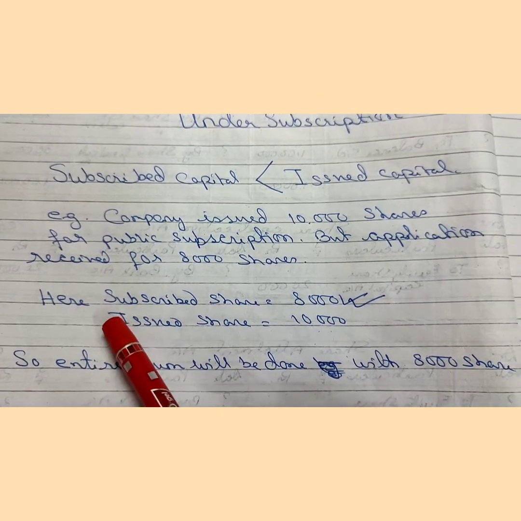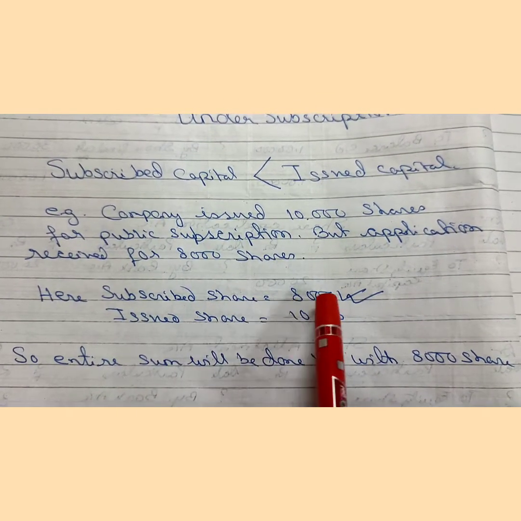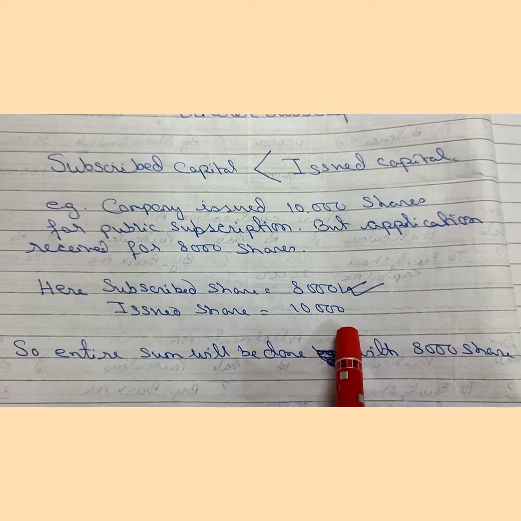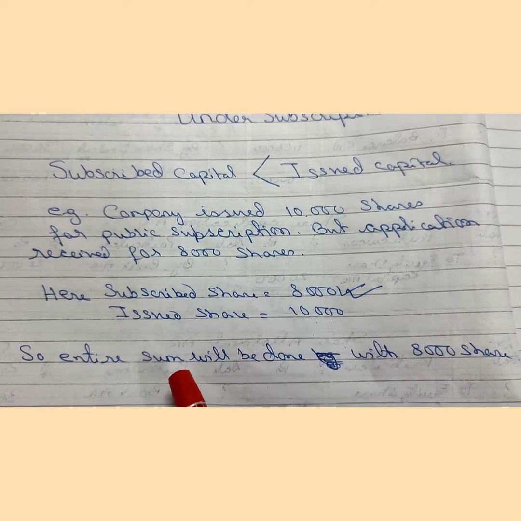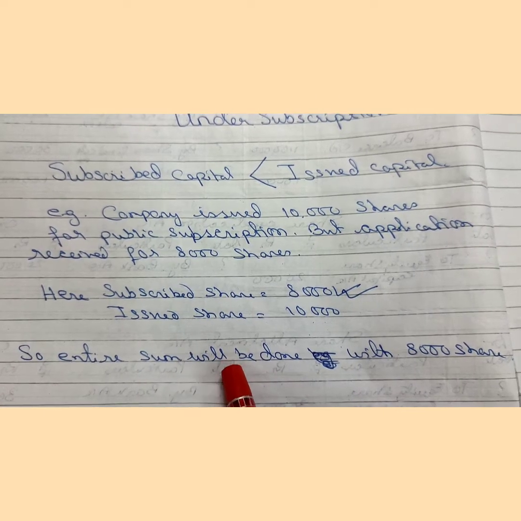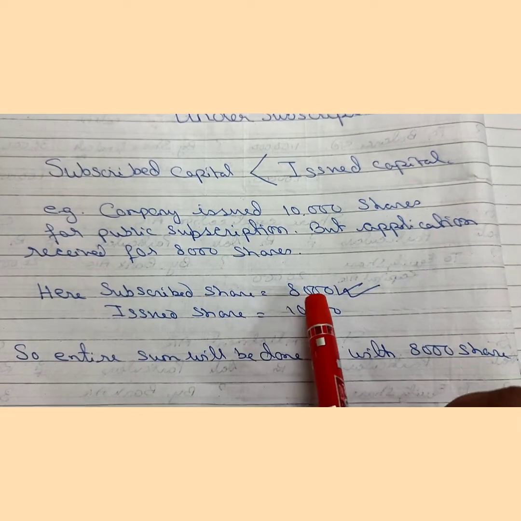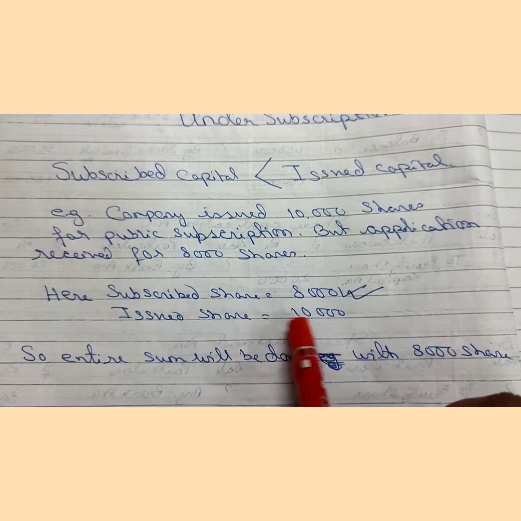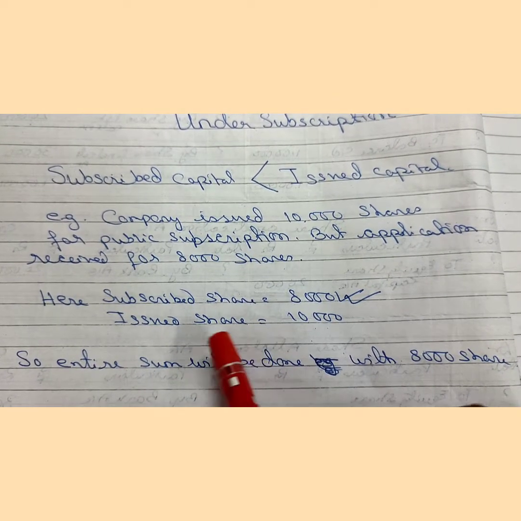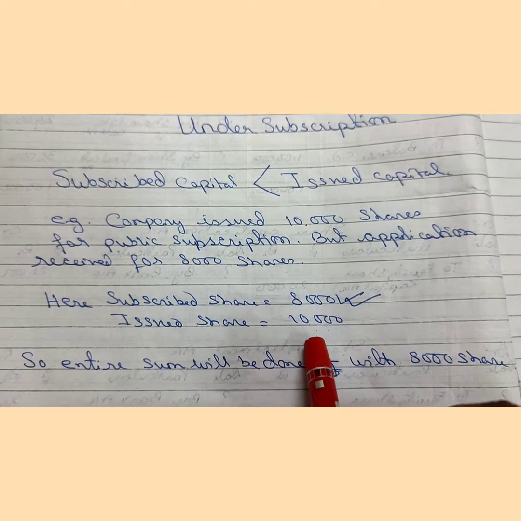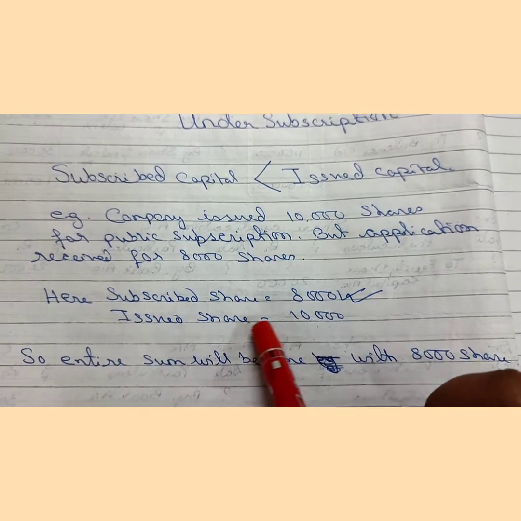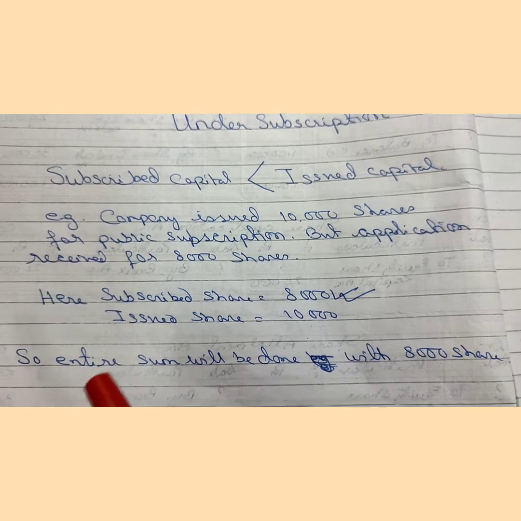What is written here? Subscribed share is 8,000 and issued share is 10,000. In this case our total sums will be done with the subscribed shares. There is no place for issued share. In total sums, the 10,000 shares we will not write anywhere.